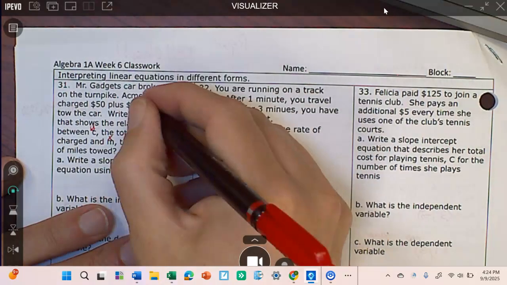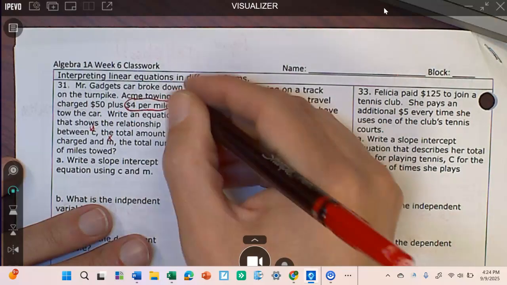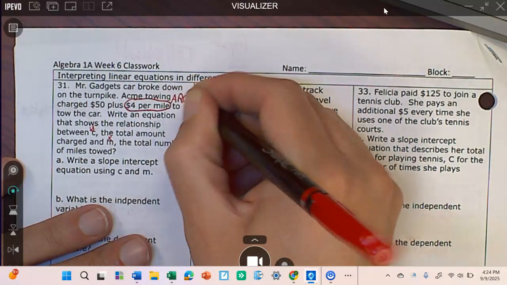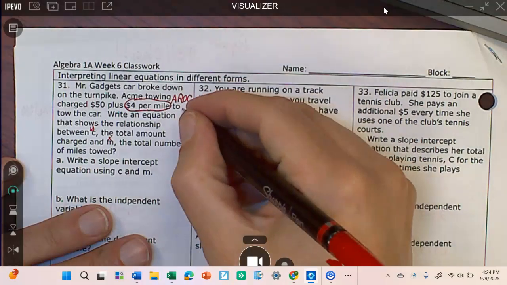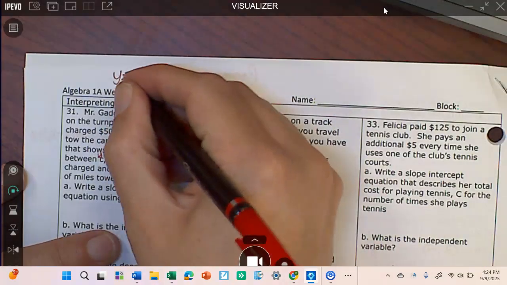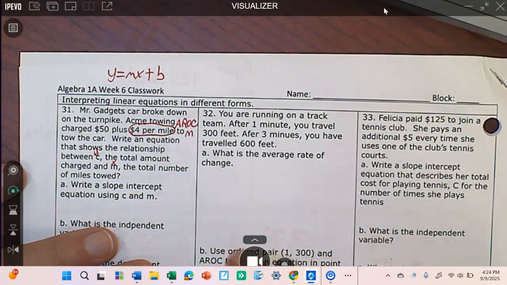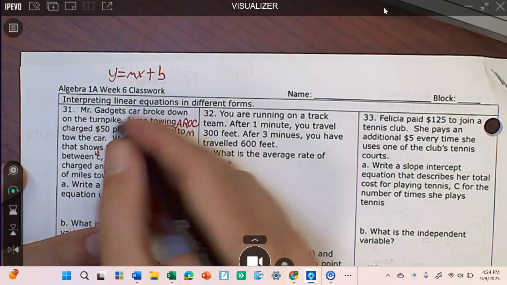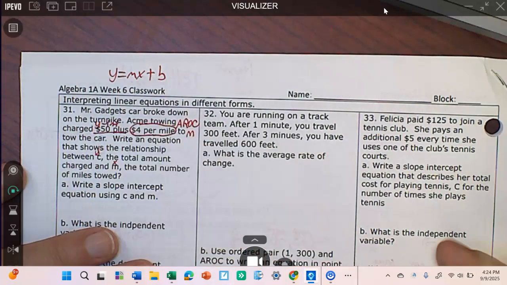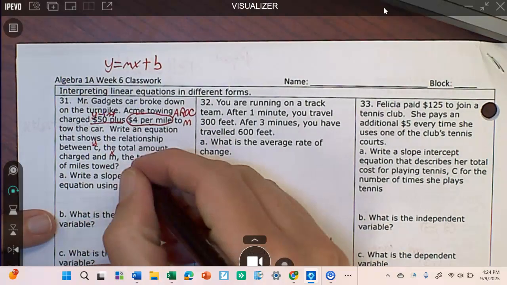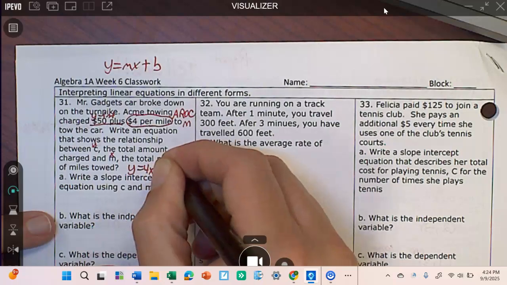Okay, so this right here, that's a rate of change statement. So we know the rate of change is M, and Y equals MX plus B. Okay, so we know that's the rate of change because it's per mile. And this right here, this is the Y-intercept, or we know it as B. So the equation we would be used to is Y equals 4X plus the Y-intercept.